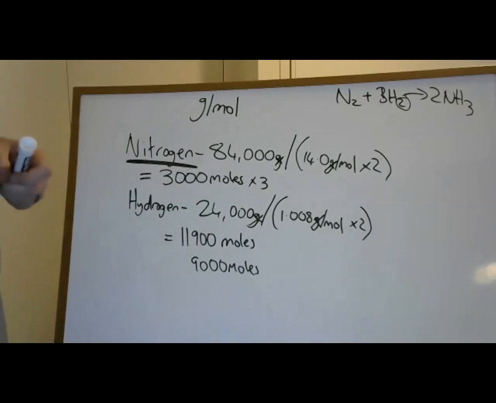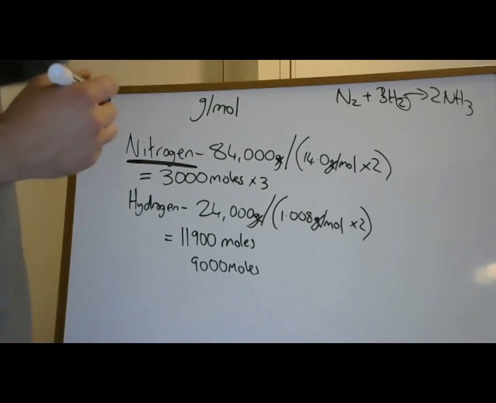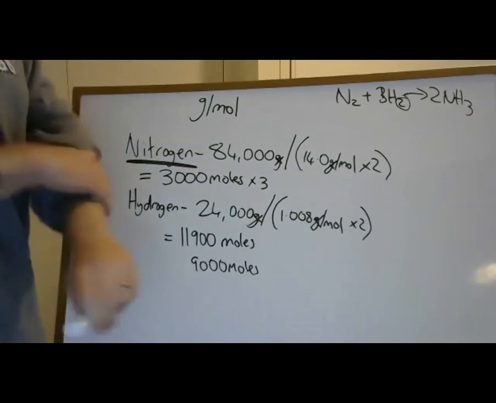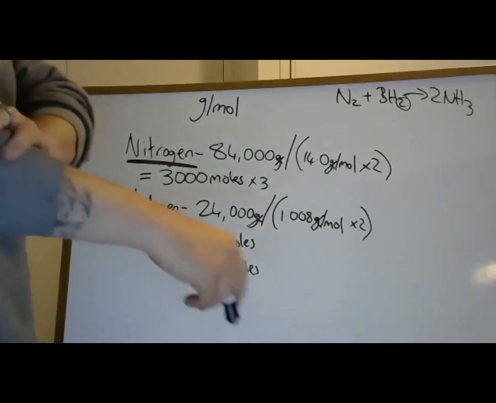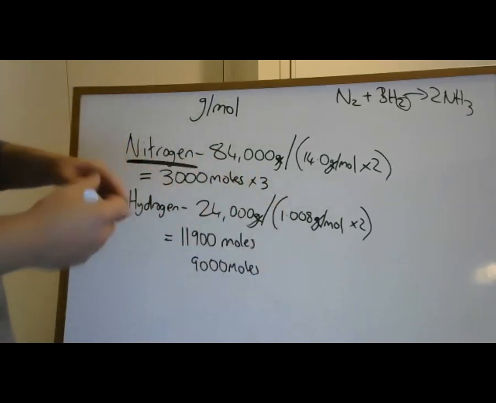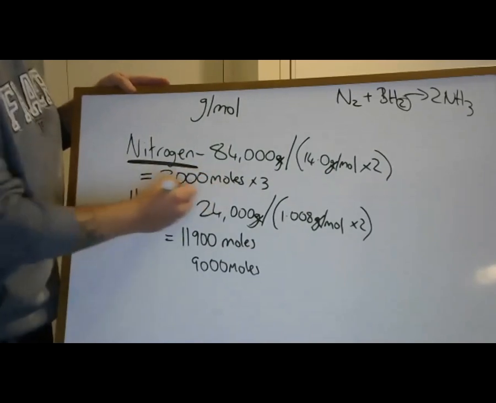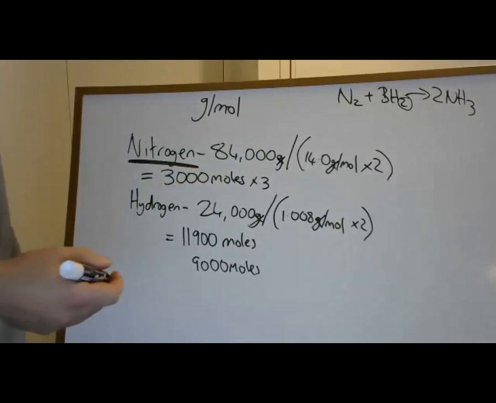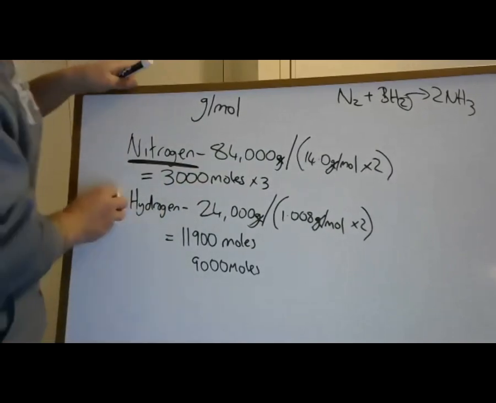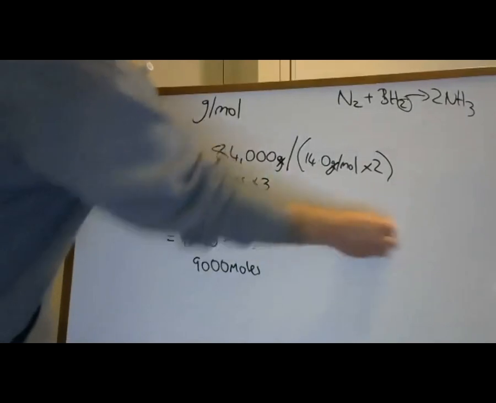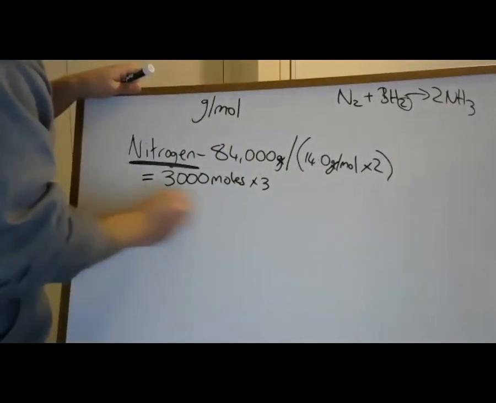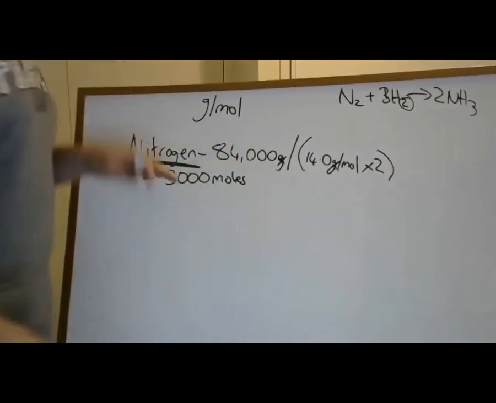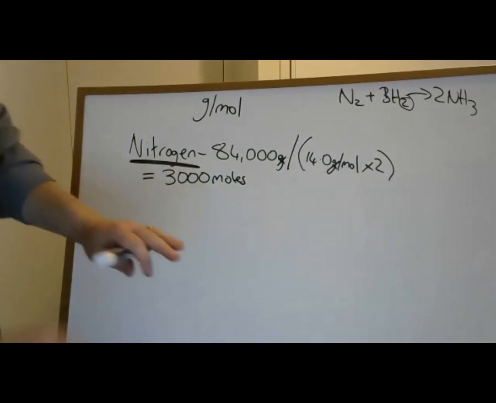So that's how much we have of each. Now, remember that theoretical yield that we talked about? It's based on how much nitrogen there is. So now we get rid of hydrogen, it's irrelevant. Once we've discovered our limiting reagent, which is nitrogen, nothing else matters.